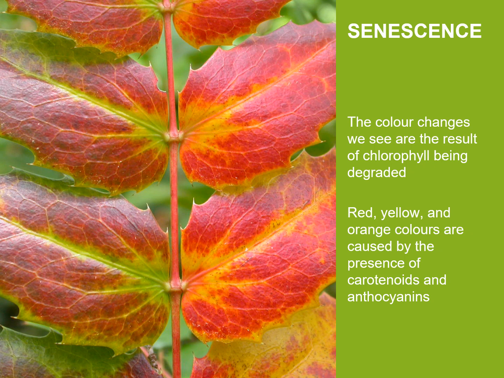The colour changes that we see in the leaves, like in this image here, what happens is the chlorophyll, which usually makes the leaves look green, is degraded and reabsorbed into the plant, and this exposes these different yellow, orange, and red colours, and this is caused by compounds present within the leaves at all times of the year, in the form of carotenoids and anthocyanins.